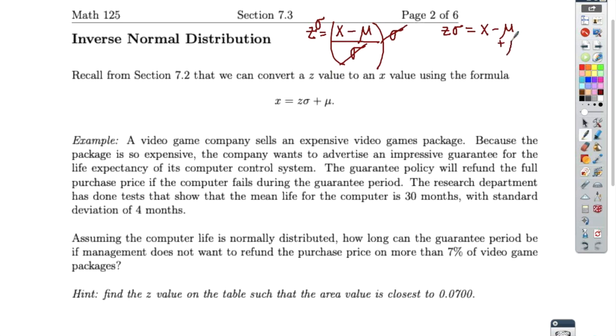And then we added mu to both sides, and that gave us x equals z sigma plus mu. It's the same formula as this one, just written in a different arrangement. This arrangement is solved for x. So if I give you a z score or a z value and I'm asking you to solve for x, this one is a little bit faster, but you really could use either formula.